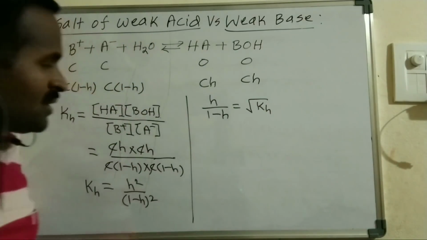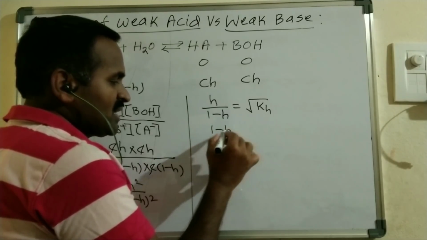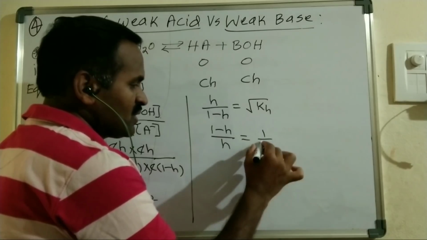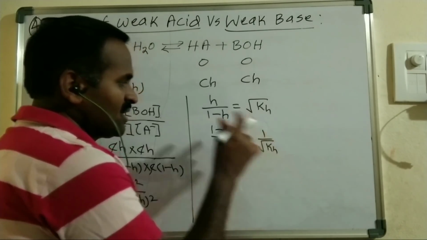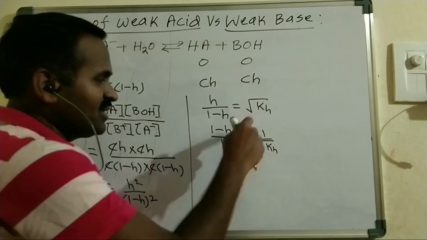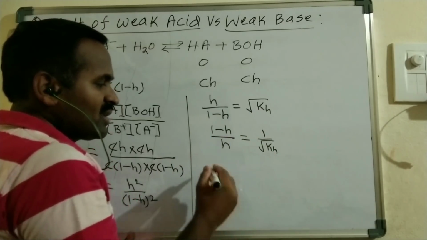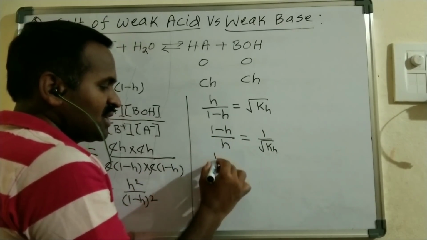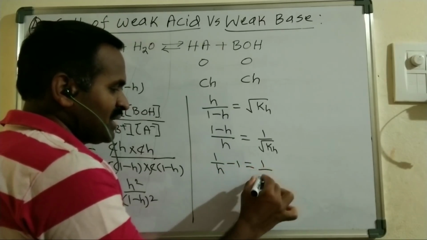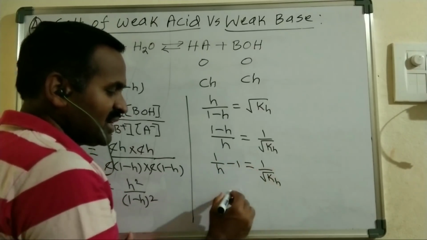Now reverse this expression: (1 minus h) divided by h equals 1 by the square root of Kh. When the left side is reversed, the right side is automatically reversed too. You can divide individually: 1 by h minus 1 is equal to 1 by the square root of Kh. Minus 1 you can take to the other side.